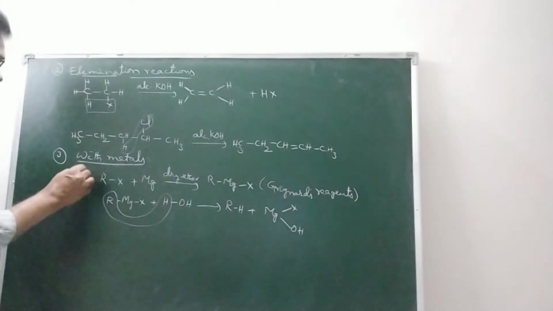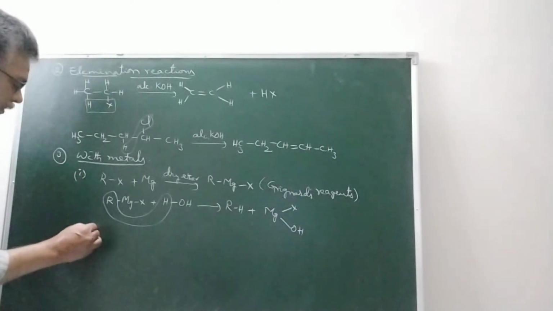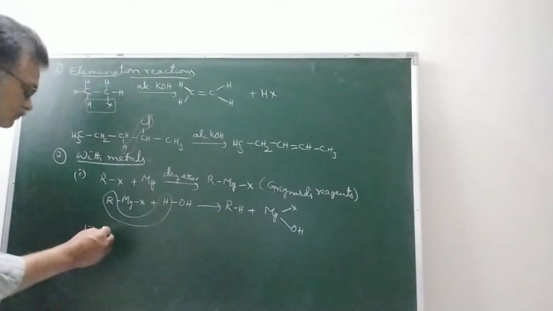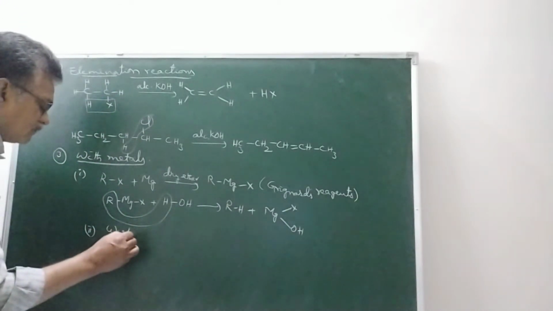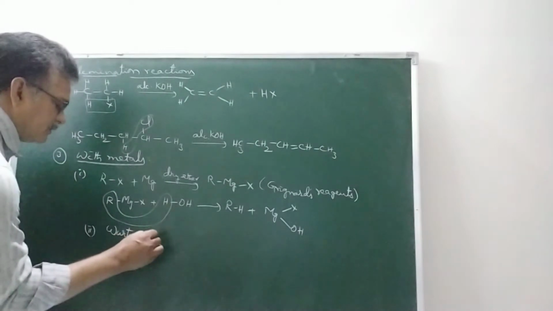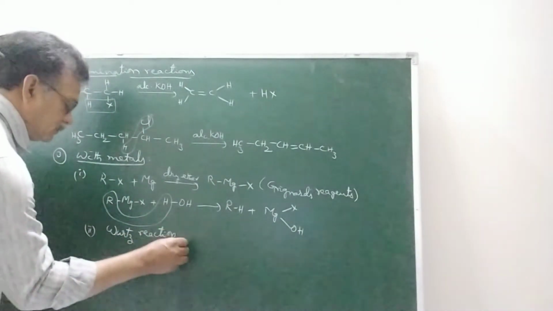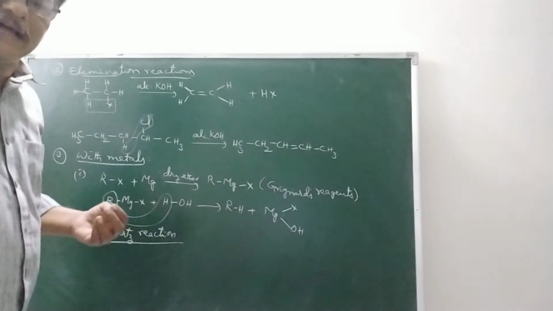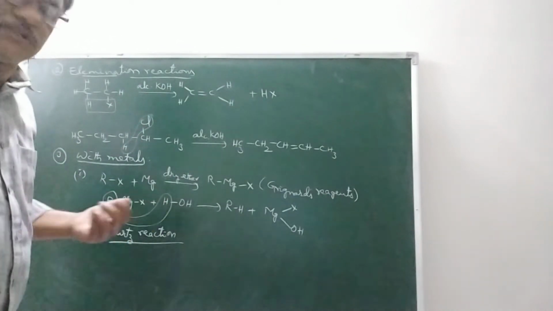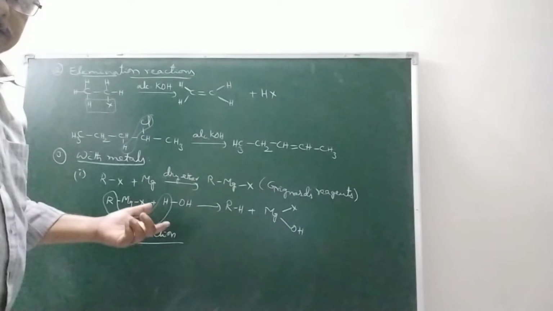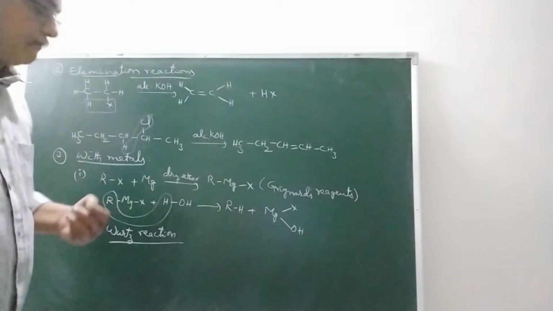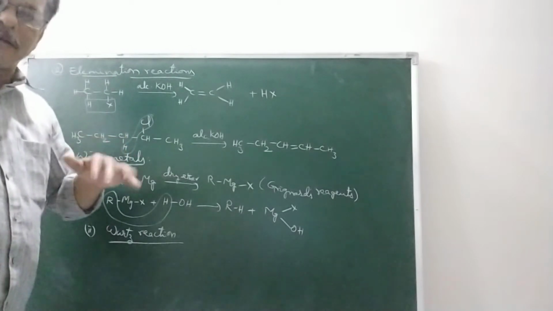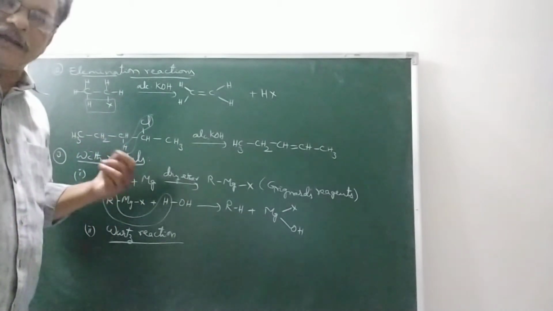There is another reaction which we have already gone through, that is Wood's reaction. What is Wood's reaction? When 2 moles of alkyl halide react with 2 gram atoms of sodium in dry ether, higher alkanes are formed, that is, an alkane with double the number of carbons present in the alkyl group.